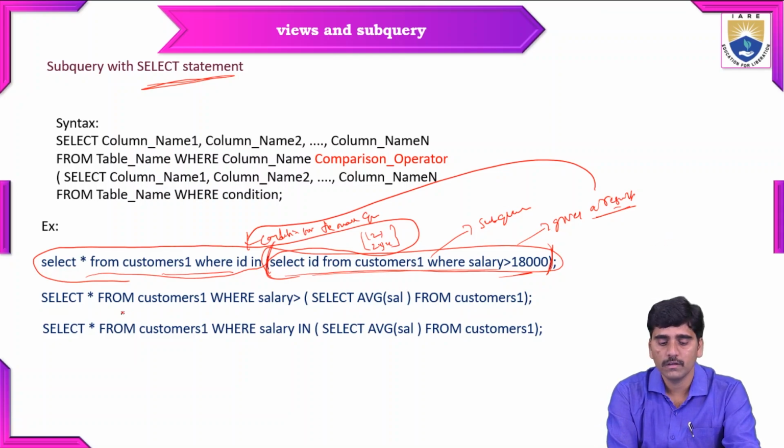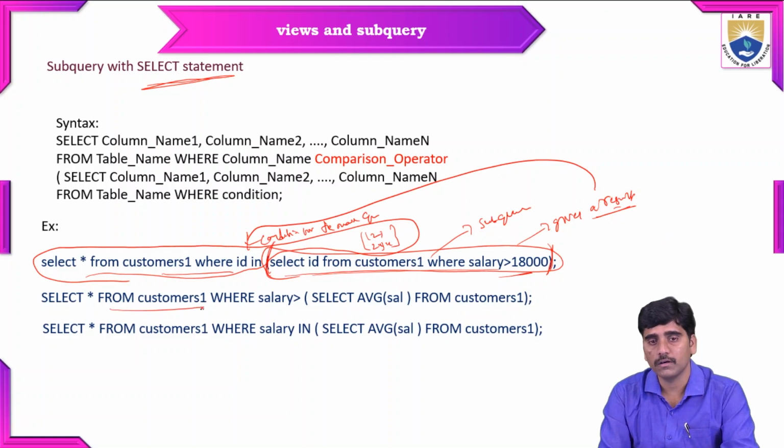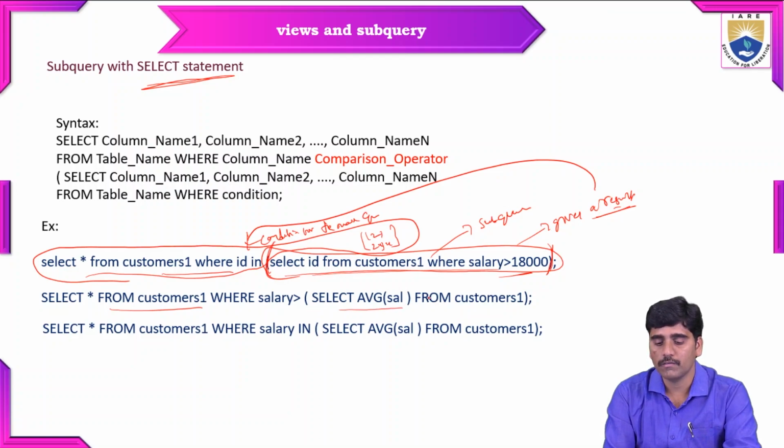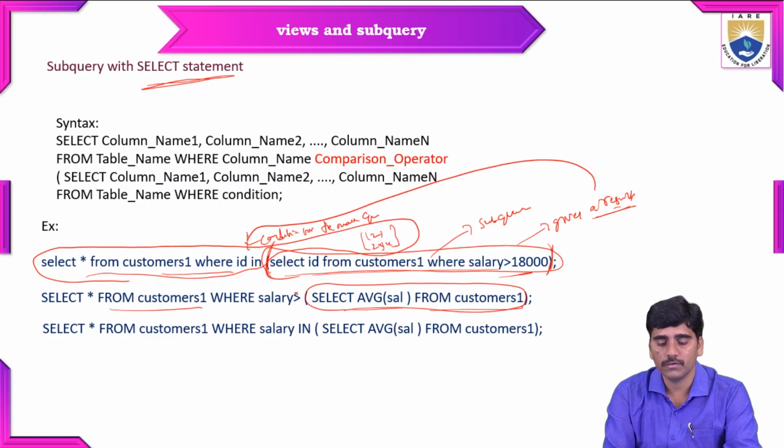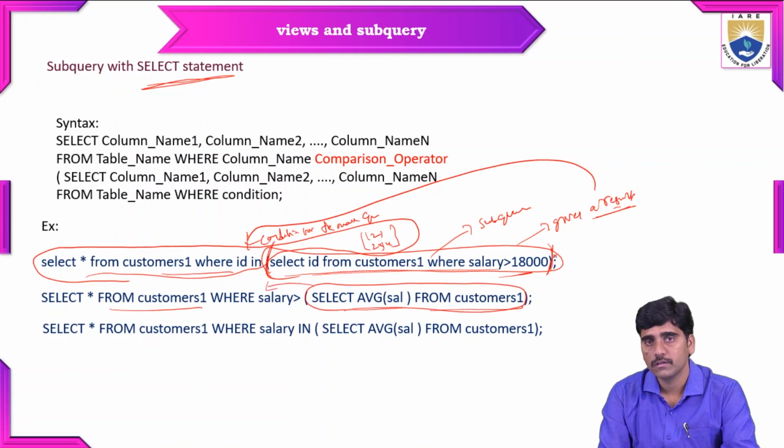The same way, select star from customers1 where salary greater than (select average of salary from customers1). It displays the average salary of customers1, and that will be acting as a condition for the main query.